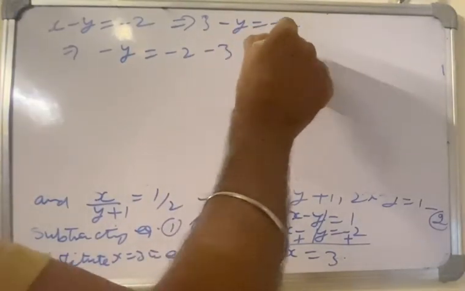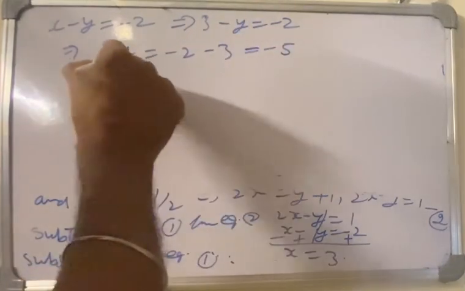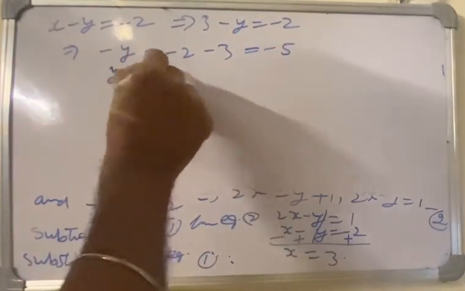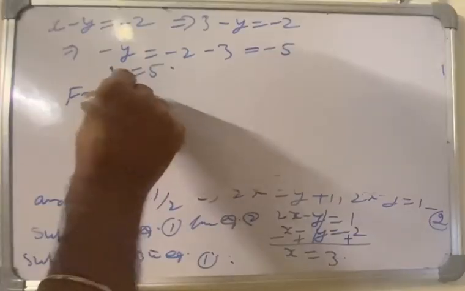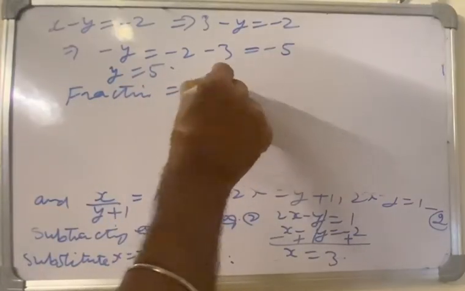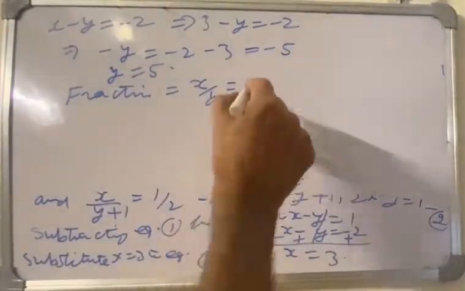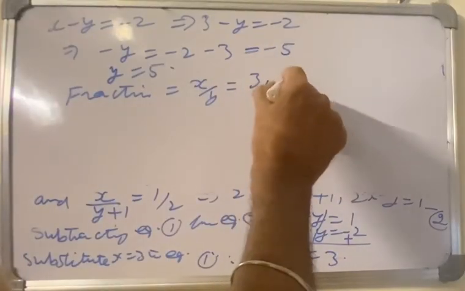It is minus 5. So y is equal to 5. Fraction is x over y. It is 3 over 5.